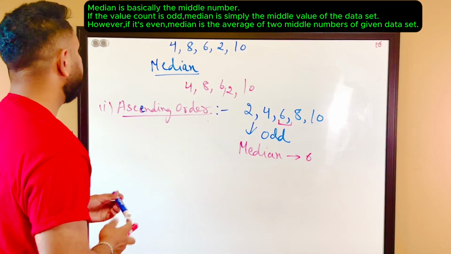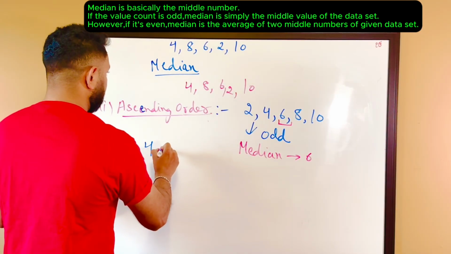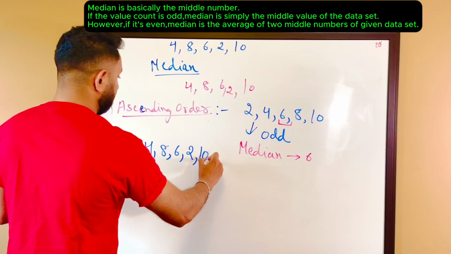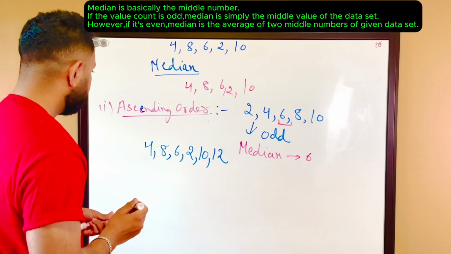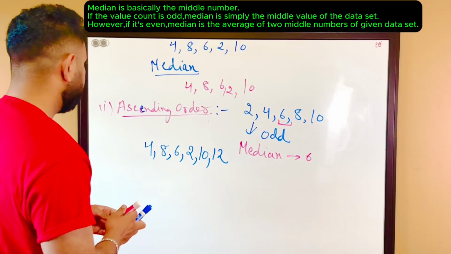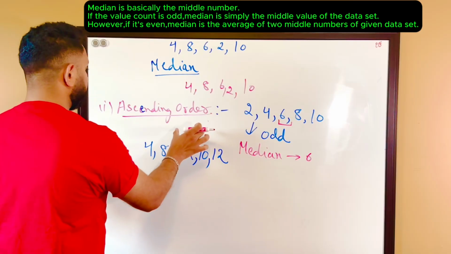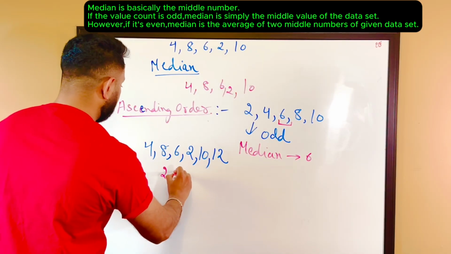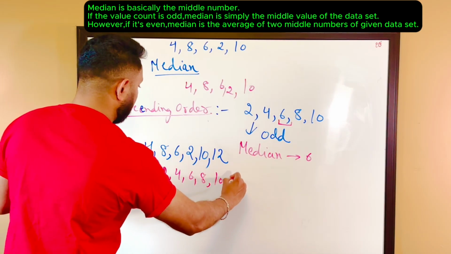Let's take one more example. If we are given this data set which is even, how are we going to calculate it? As our first step is to arrange the data set in ascending order, which is going to be 2, 4, 6, 8, 10, 12.